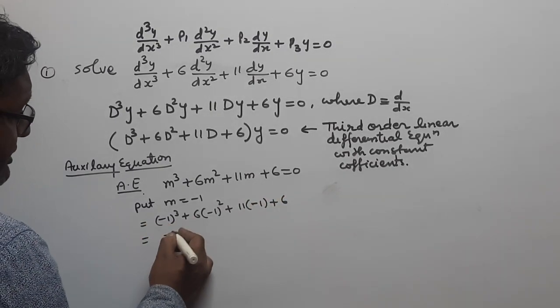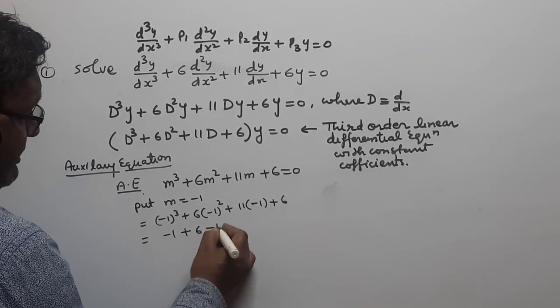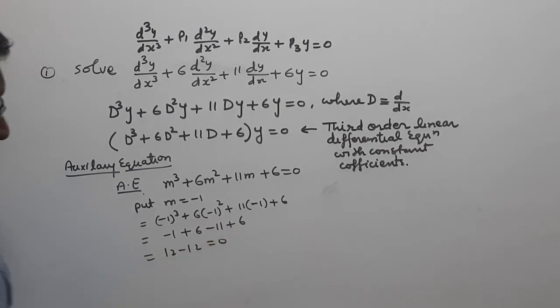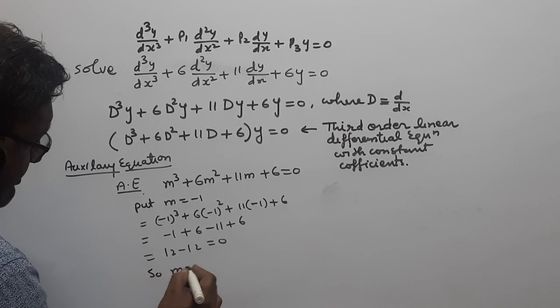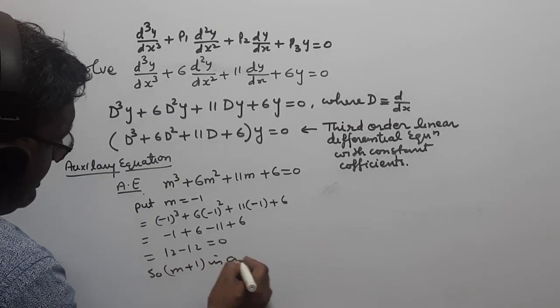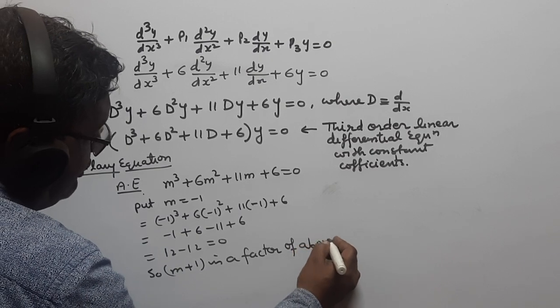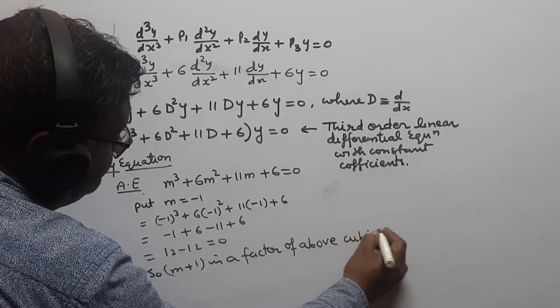You can see here this is minus 1 plus 6 minus 11 plus 6. This is 12 minus 12, which is 0. So m plus 1 is a factor of the above cubic equation.